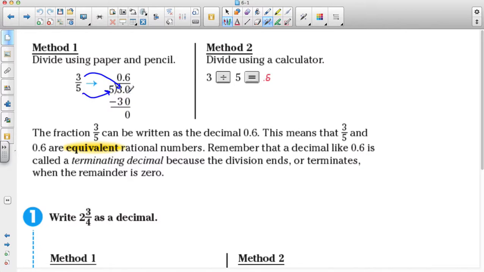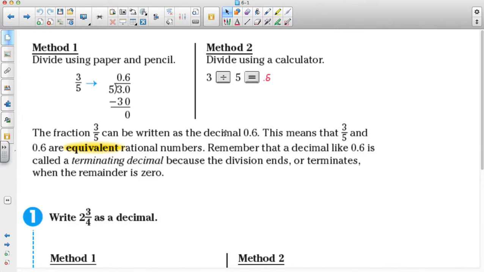Bring up the decimal point. How many 5s go into 30? That would be 6. Subtract 30 from 30, that would be 0. So 3 over 5 is basically 0.6. Then using a calculator, simply divide 3 by 5. That should equal 0.6. So the fraction 3/5 can be written as the decimal 0.6.